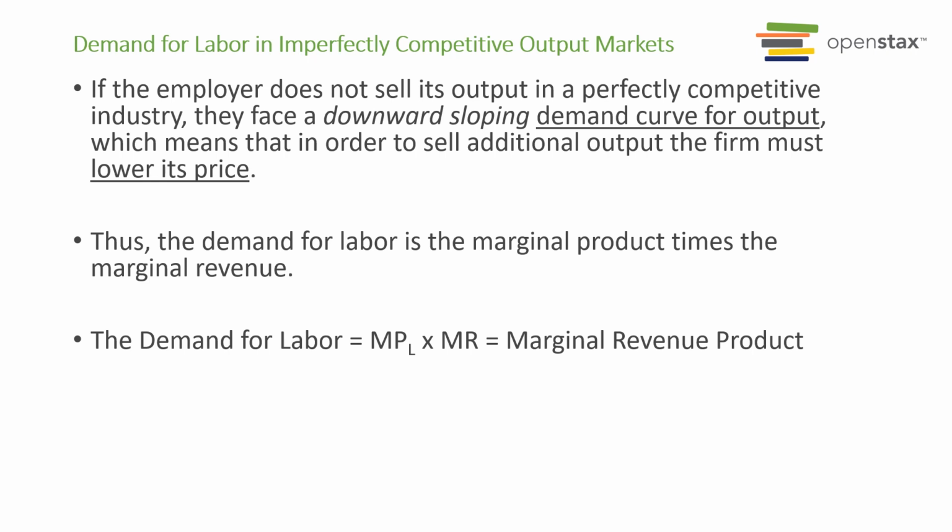Now, for any company that is not selling in a perfectly competitive market, so imagine a company like a monopoly, oligopoly, or monopolistic competition, their price doesn't equal the marginal revenue, right? So for those companies, VMPL is slightly different. Instead of the marginal product times the price, they multiply by the marginal revenue.